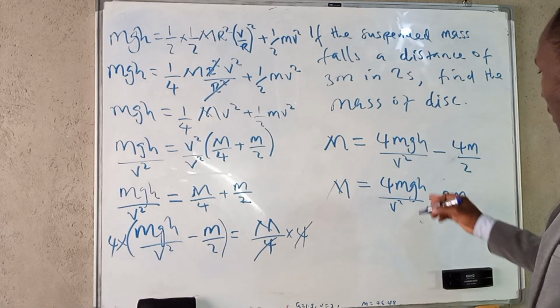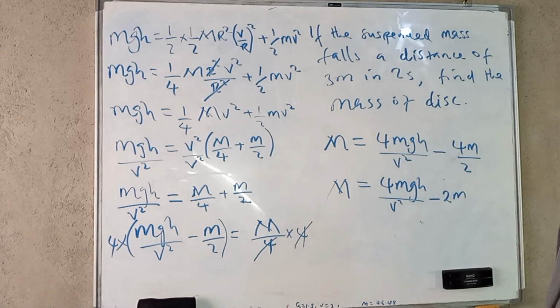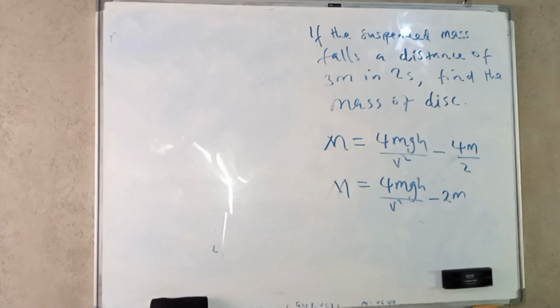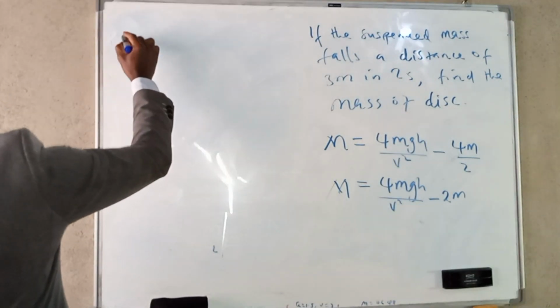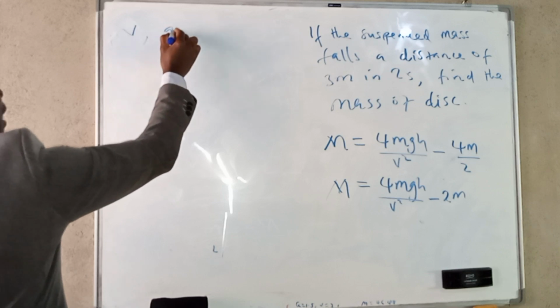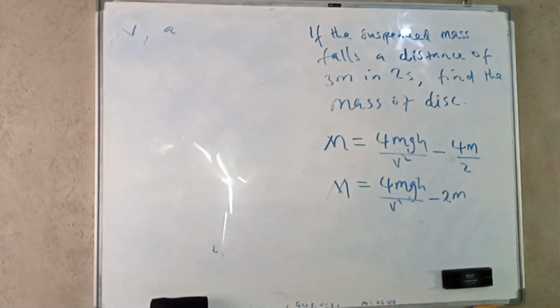We have g, we have h, but we do not have v. So from the information that we were given, we need to find v. But in order for us to find v, we need to have acceleration.